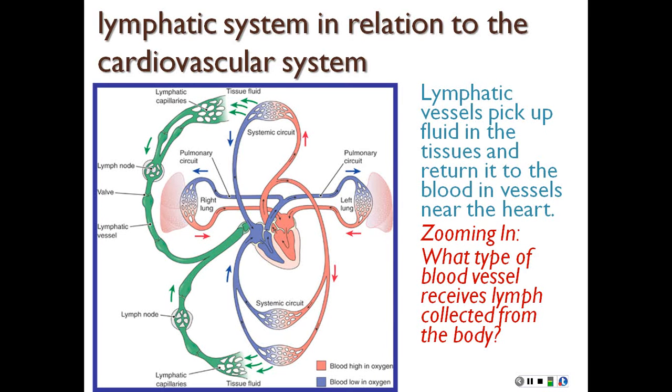So one of the things we talked about is when blood goes through the capillaries, what happens? So as blood goes through the capillaries, let's just say this is a capillary blood vessel. As blood flows through here, there are tissues surrounding. Remember, tissues are made up of what? Cells.